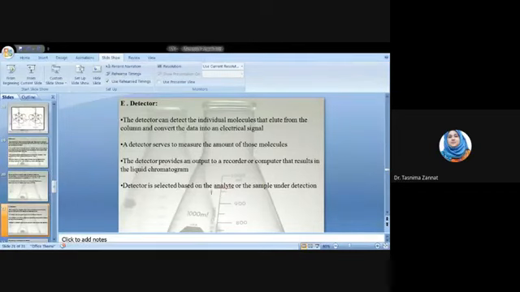A detector is selected based on the analyte, or based on the sample.